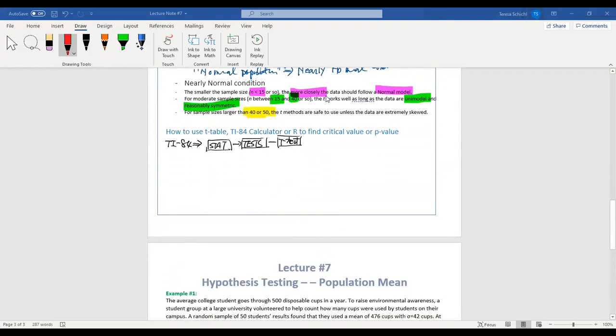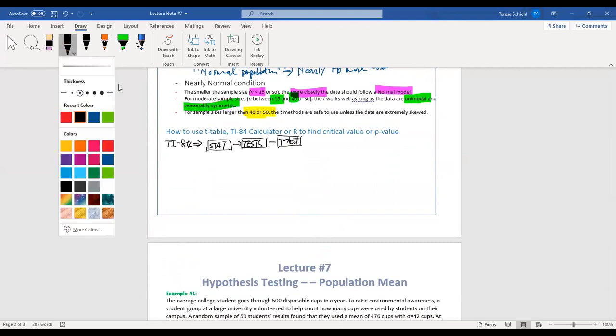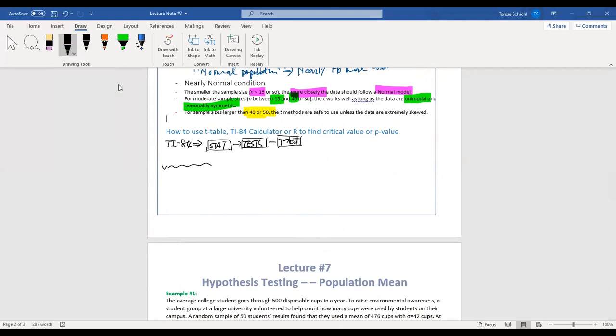Okay, so this is to do the test. Now let's take a look: how do I find the critical value?